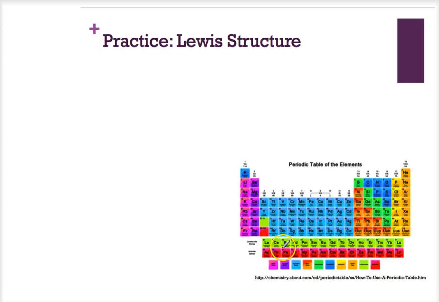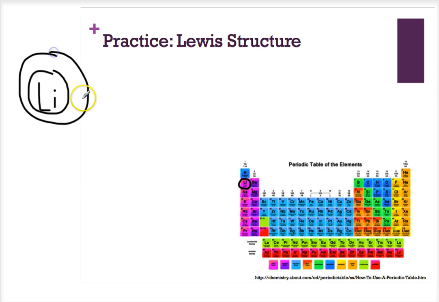Okay, so let's go ahead and dive right in. And we have our periodic table in front of us. And we're going to go back and look at lithium again. Now, when we drew the picture earlier, we had lithium, the Bohr's model, and because it's in the second period, we had 2 energy levels. And it has 3 electrons, so we put the 3 electrons in their designated slots.